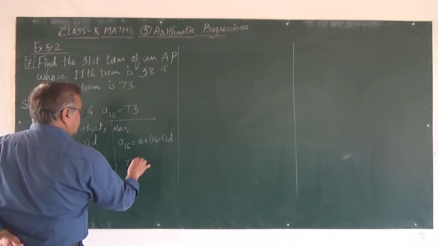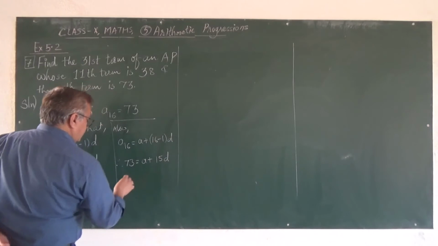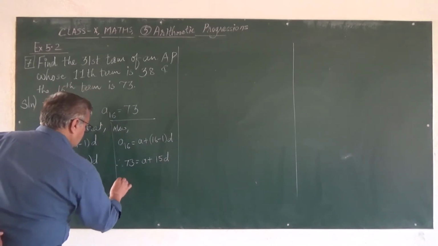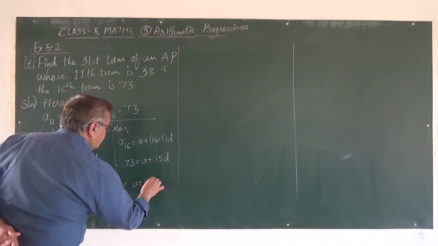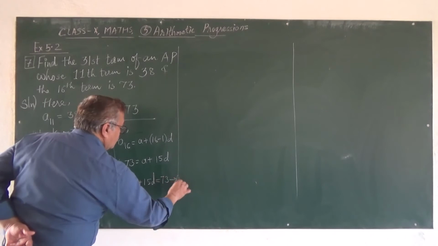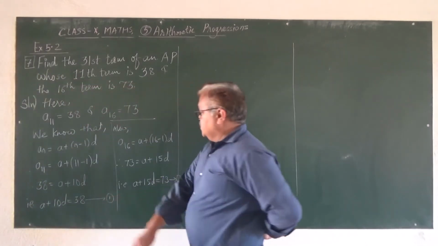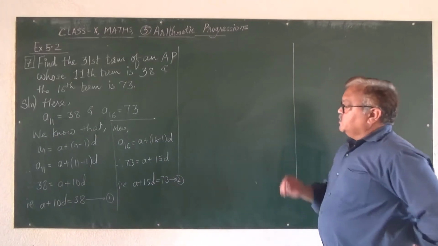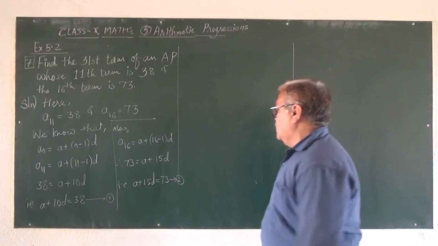So 73 is equal to a plus 15d. That is, a plus 15d is equal to 73. We call this equation 2. Now we have two equations. Solve these two equations and you can find the values of a and d.